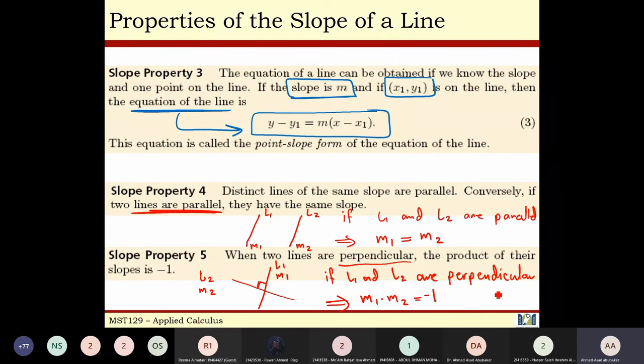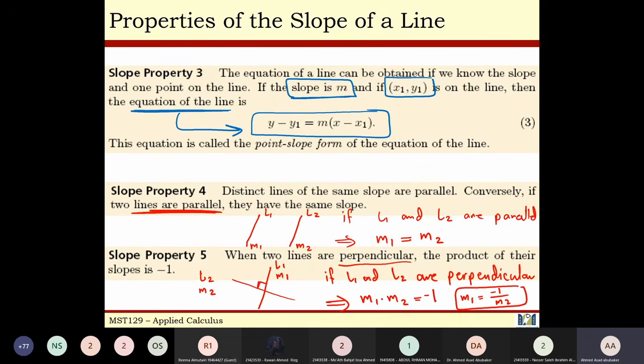This means if we have M2, we can find M1 by -1 over M2. If we have the slope of one of the perpendicular lines, how do we find the other slope? -1 over M2.